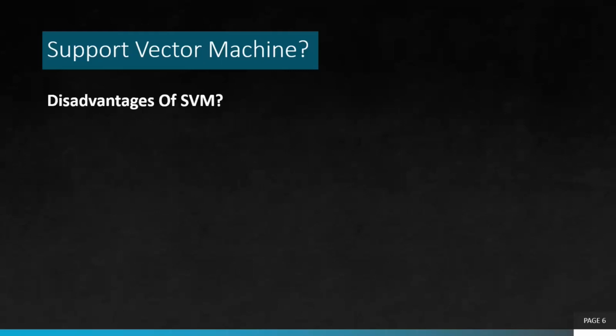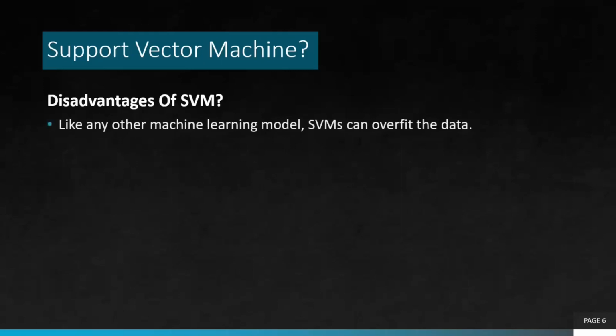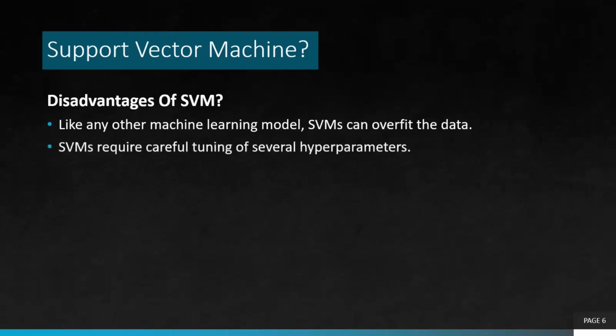Now here are also some disadvantages of using SVM. Let's see. Like any other machine learning model, SVMs can overfit the data. Now, if you want to do hyperparameter tuning of your model, then SVMs require careful tuning of several hyperparameters in order to work correctly.